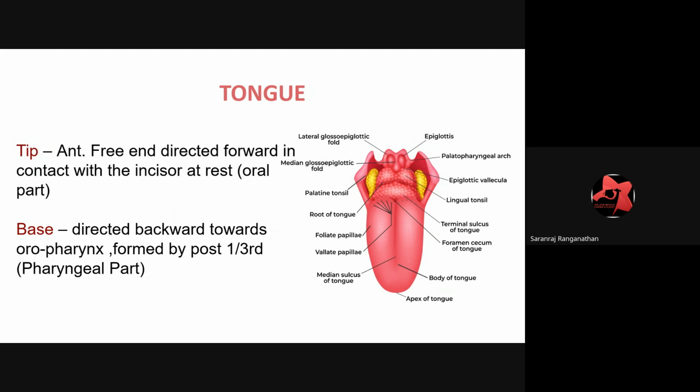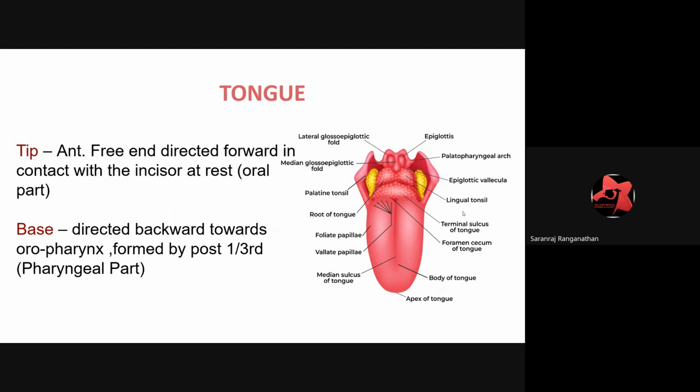It is free and directed forward, in contact with the incisors at rest. Then the base is the pharyngeal part, the posterior part, which is one third of the tongue. This much is the tip part, and this much is the posterior part, directed backward towards the oropharynx.